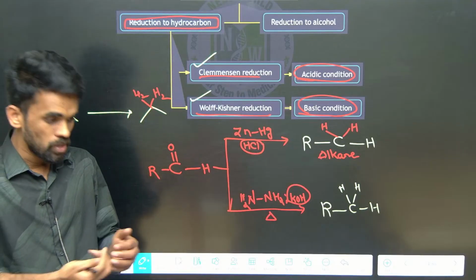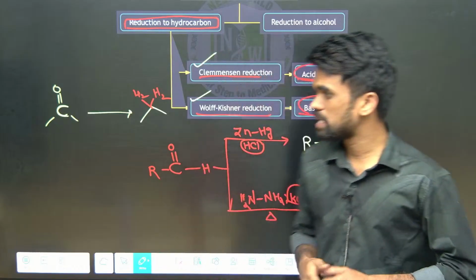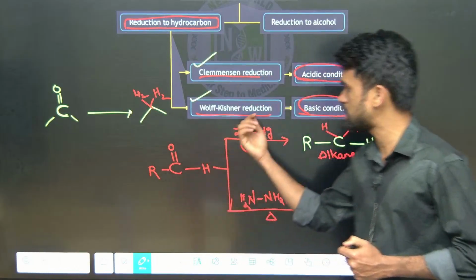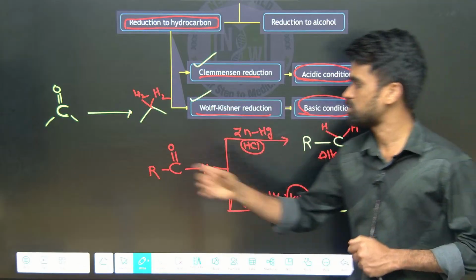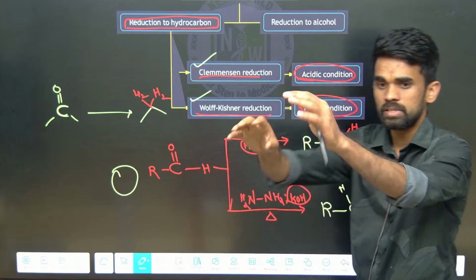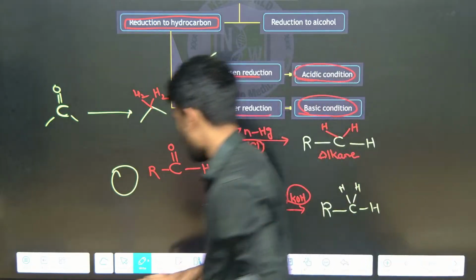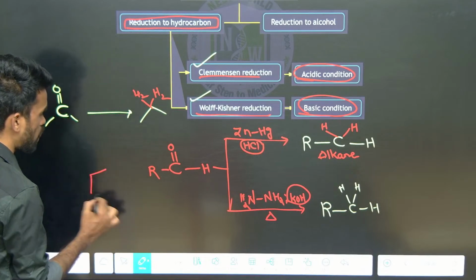It means during chemical reactions and synthesis, looking at the substrate, we need to decide which type of reaction is suitable for the conversion. If the substrate contains any acid sensitive groups, we should not use that. For example, I have a compound like this.